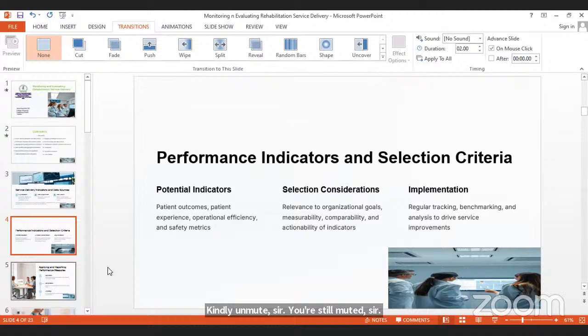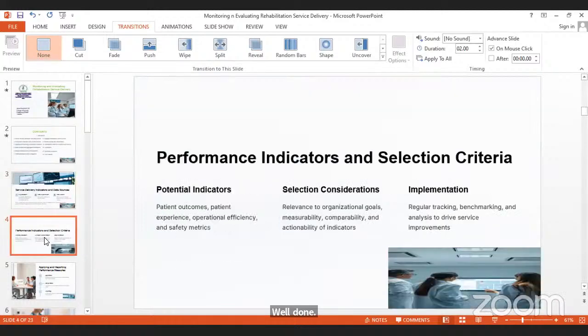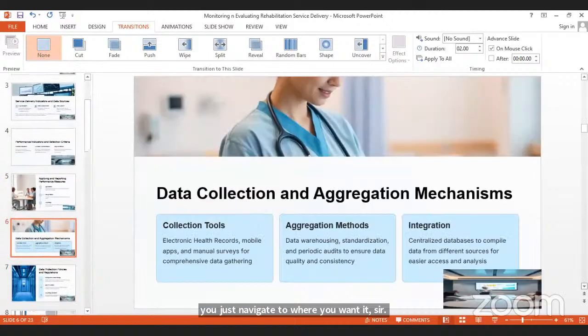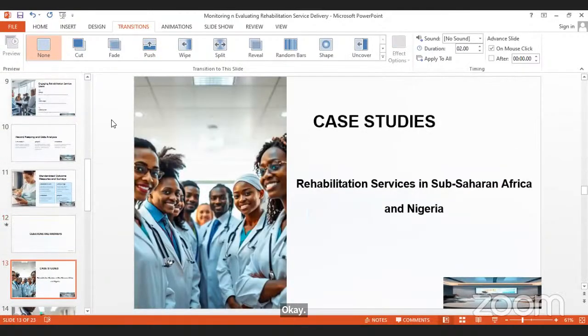Can I share my slide now? Your slide is still on the screen, sir. Yes, all right. So you just navigate to where you want it, yes, sir. Okay. Is it here?